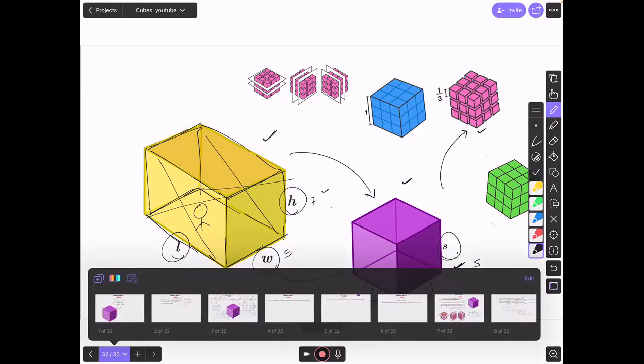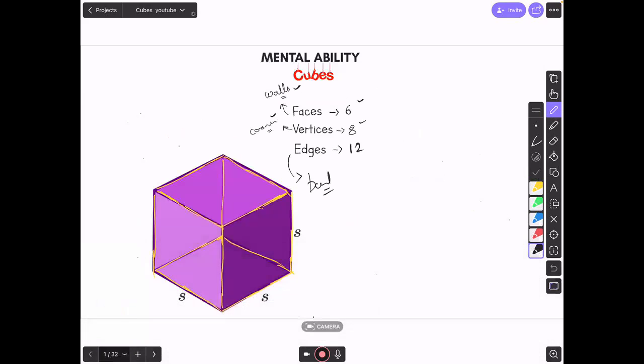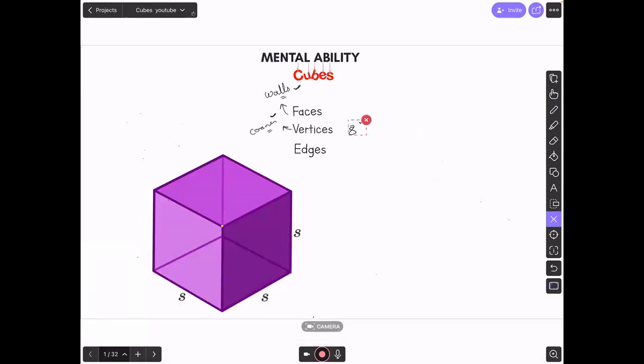Now, what are you supposed to know about the cubes? There are three things: edges, vertices, and faces. These are the three things you're supposed to know about a cube. So, what is a face? Face is nothing but walls. So, how many walls are there in your room?